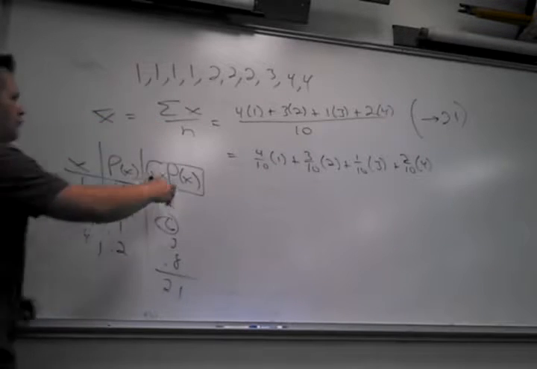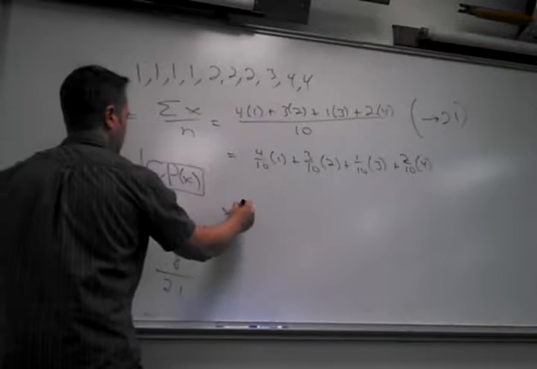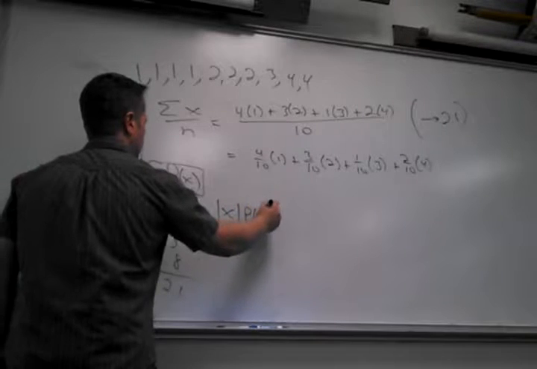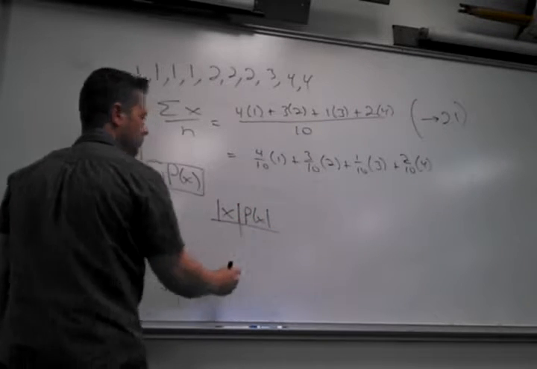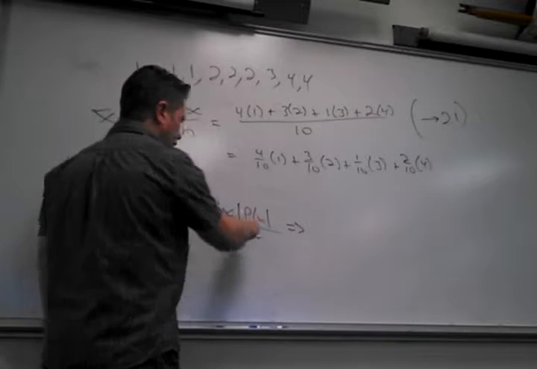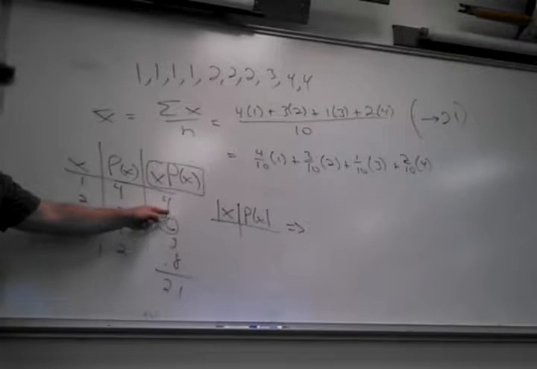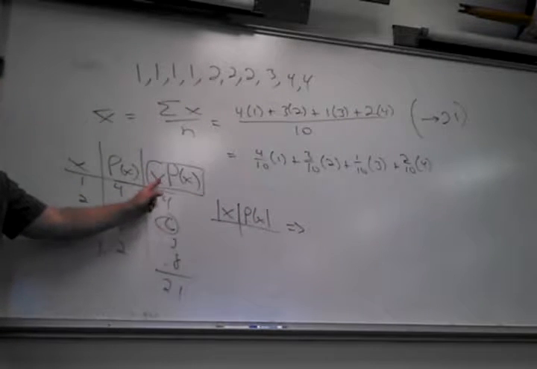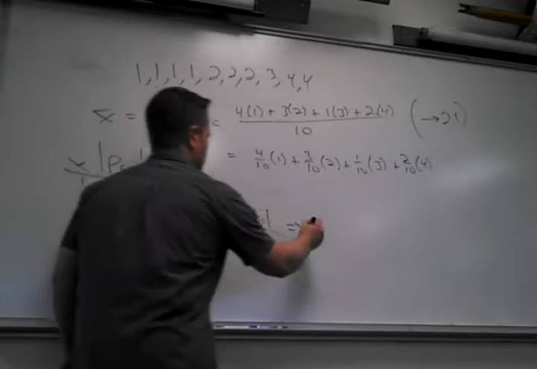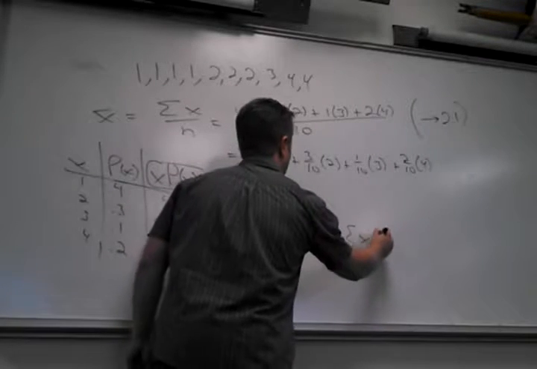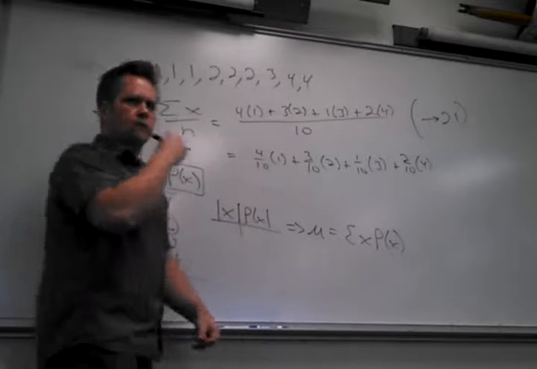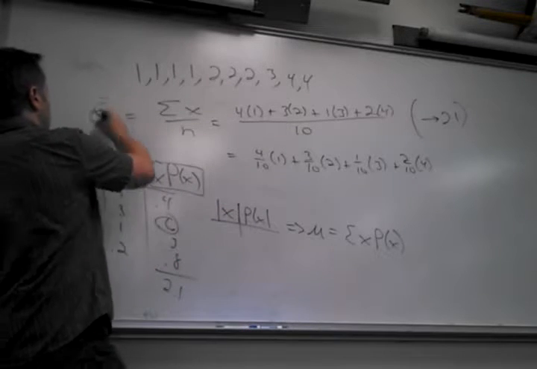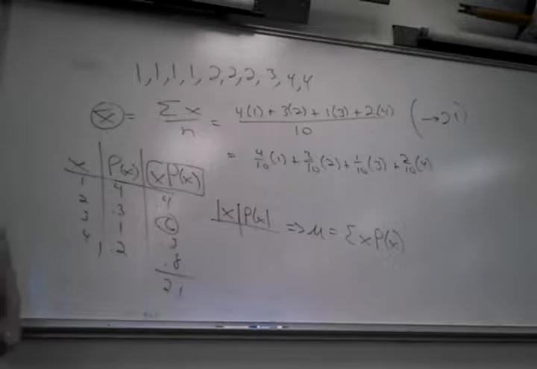So what's the formula for the mean then for an x, p of x kind of thing? What's the formula for the mean if they give it to me like this? It's the sum of x times p of x. Now I'm going to use population symbols. I should have used population symbols here, and you'll see why in a minute.